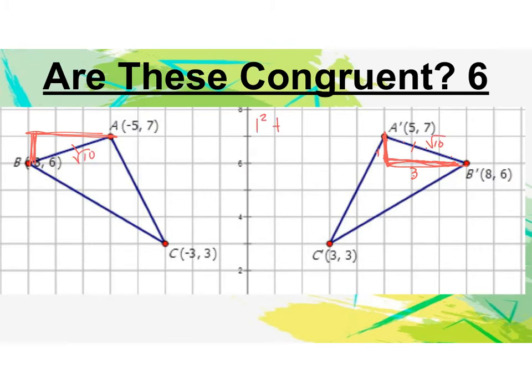1 squared plus 3 squared is c squared. 1 plus 9 is c squared, so c squared equals 10, and c equals the square root of 10. We're not going to get too much into that right now. I'm just trying to see if my sides are the same. So then if I look at this piece here, over 1, 2, 3, 4, so 2, 4, and then this one is 2, 4, so those are congruent.